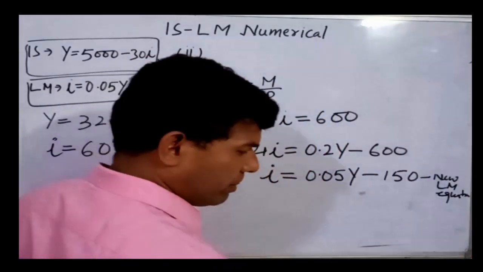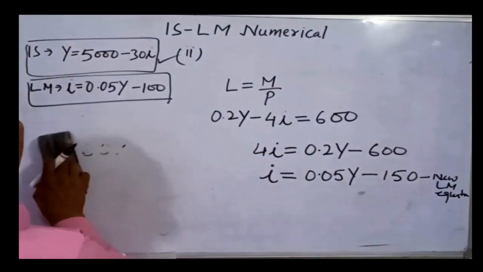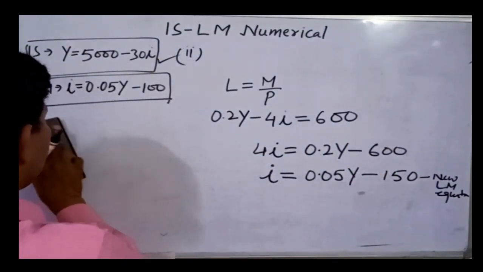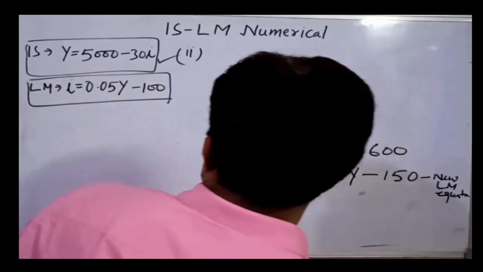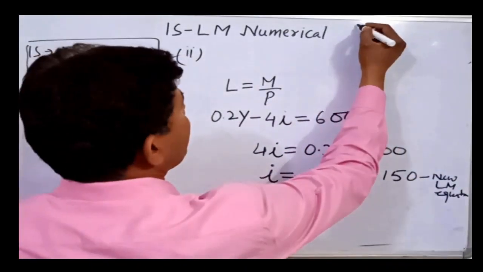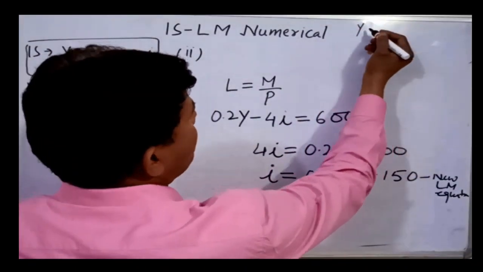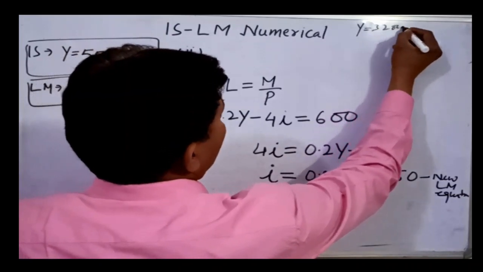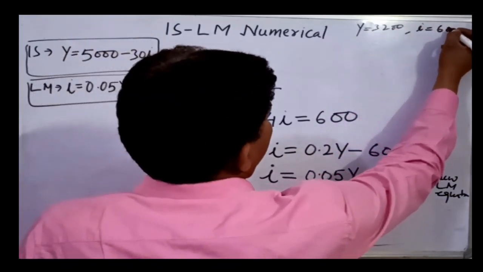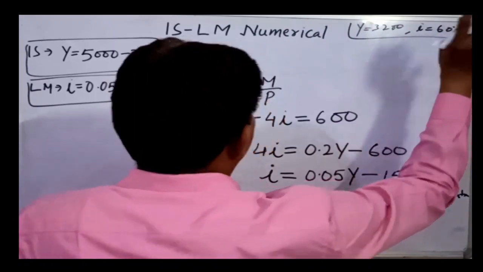Okay, since we have already done this, let me write here. Just remember that equilibrium income initially for the first question is y is equal to 3200 and interest rate is 60%, right? Let me write it here.